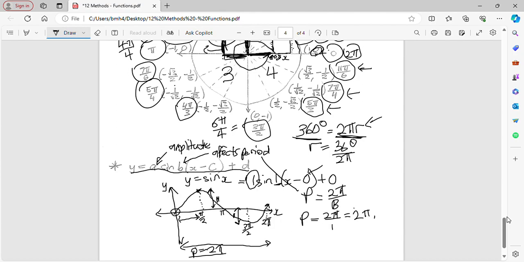That will just shift the graph left or right, that number C there. So when C is positive, you'll find that you have the graph moving to the right. When C is negative, it will move to the left. So we say that that's the horizontal translation.